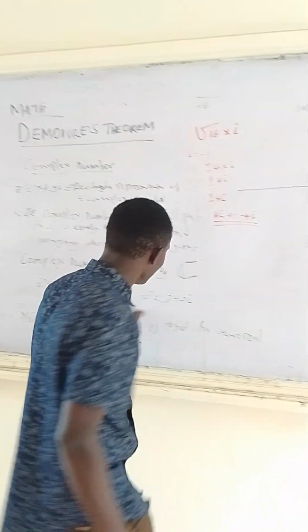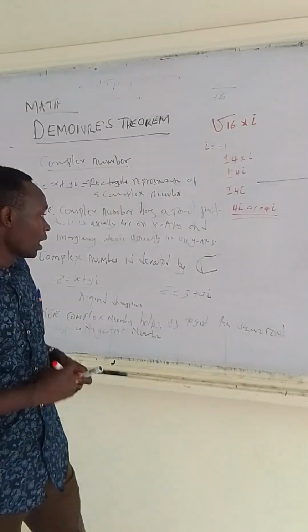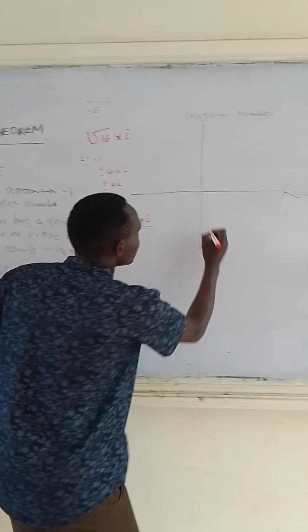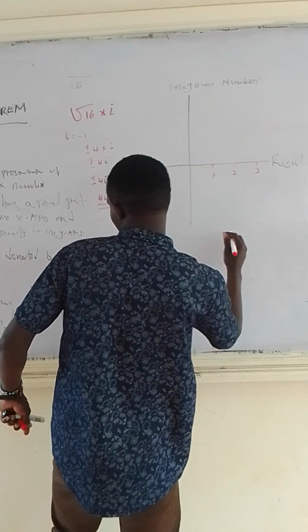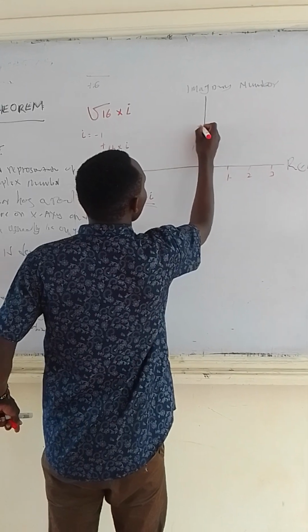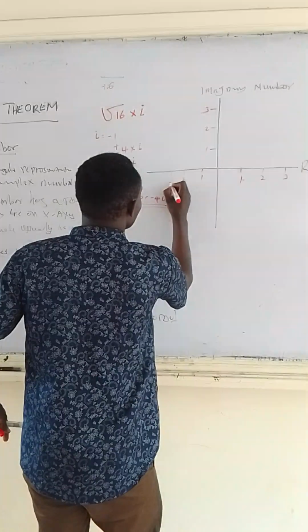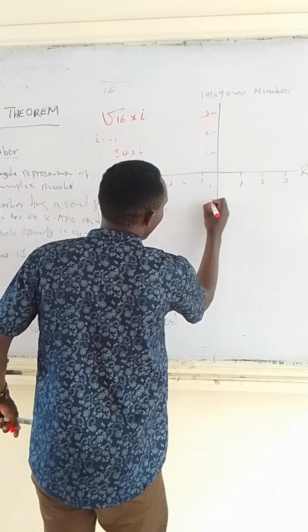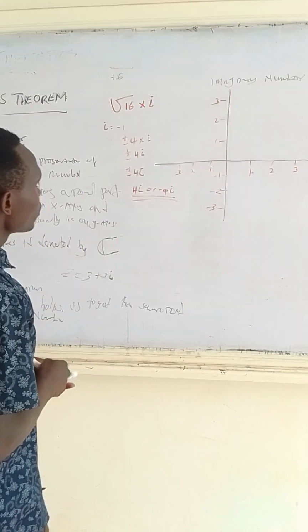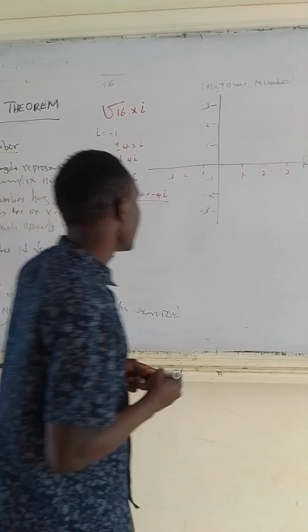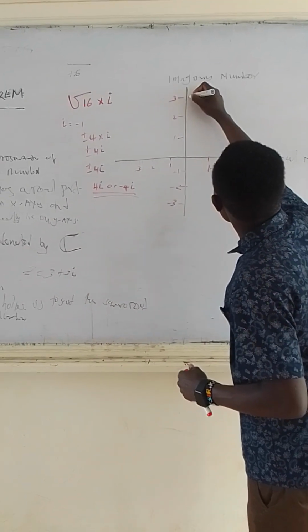Given that z is equal to 3 plus 3i, we can represent this on the Argand diagram, where on the x-axis we have 3 and on the y-axis we have 3.